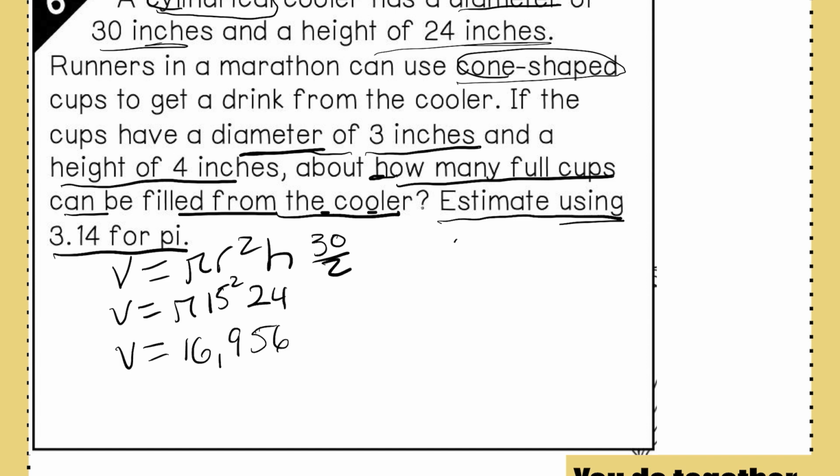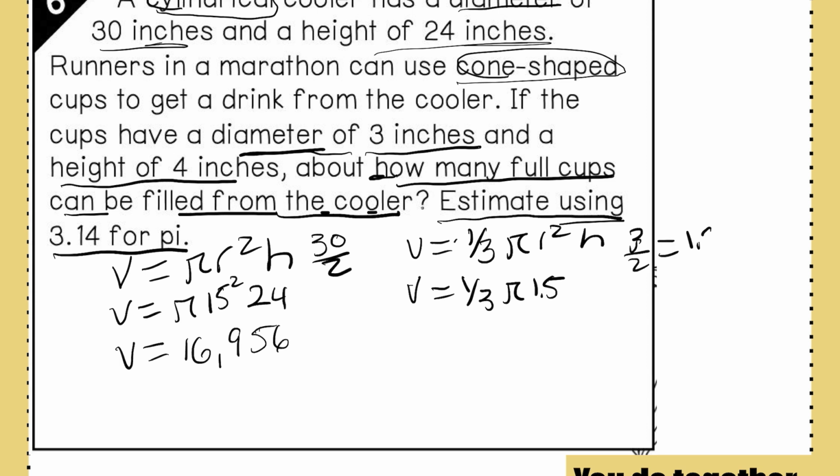And then we're going to do the same thing for our cone. Our cone-shaped cups have a volume of 1/3 times pi r squared times the height. So when we plug in our volume formula, we have pi, and r squared, which is going to be 1.5 because it's half of the 3. 3 divided by 2 is equal to 1.5.